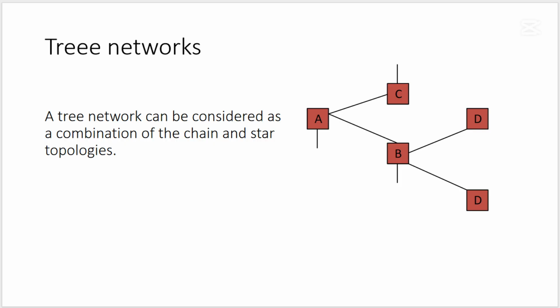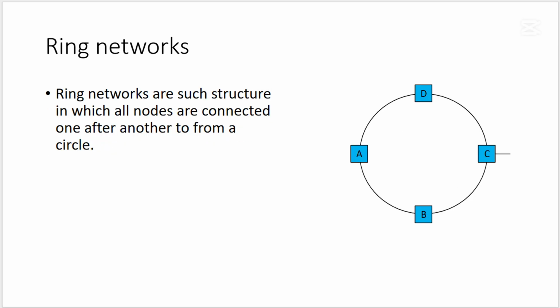So now we continue to the ring network. We can see in the picture, ring networks are structures in which all nodes are connected one after the other to form a circle.